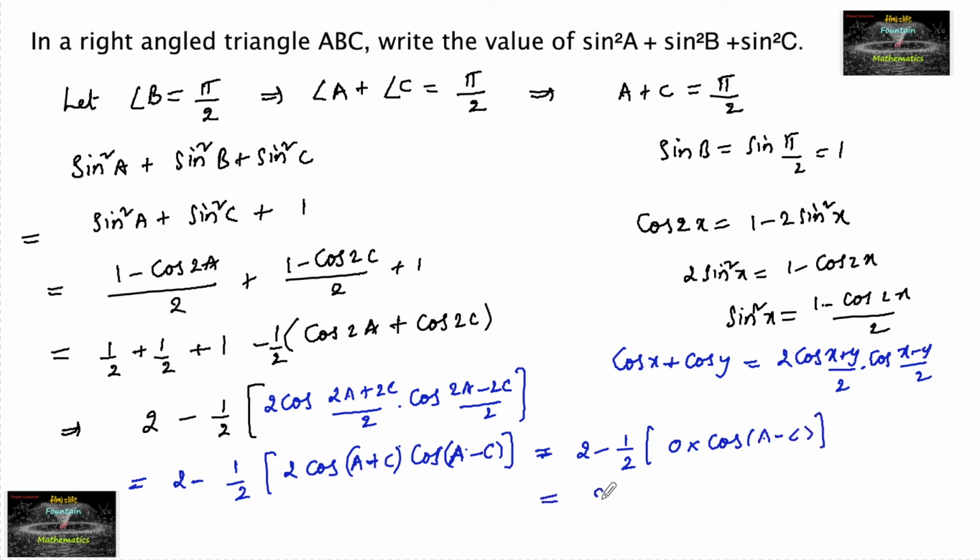So we have only 2 minus 0, which is 2. So we can give the answer: sin square A plus sin square B plus sin square C value is 2. Okay, thank you.